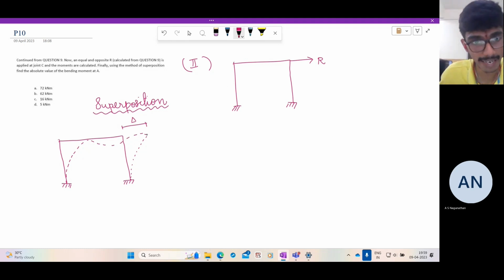It will require a certain reaction R of delta. Let us call that some R prime.